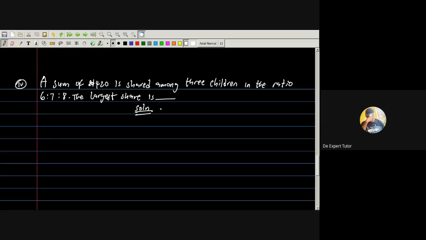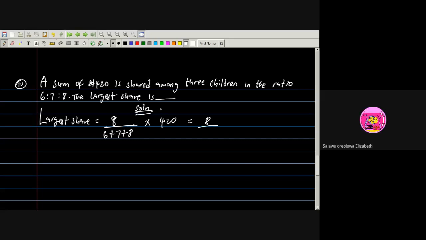Now pay attention. They ask you to find the largest share. The person that will get the largest share is the person with the highest ratio. So I will say the largest share is equal to 8, the largest person, divided by the total ratio, 6 plus 7 plus 8, times the total sum of money.